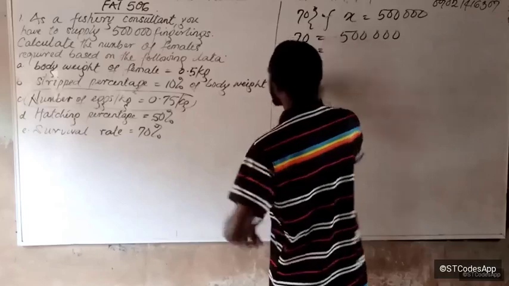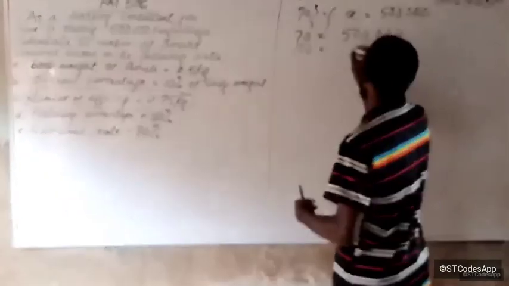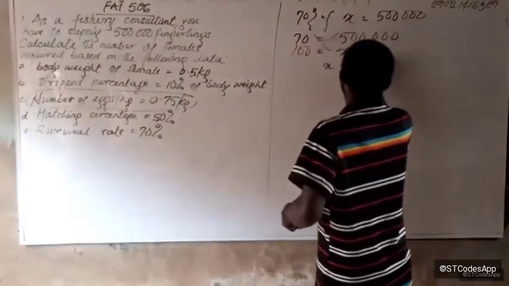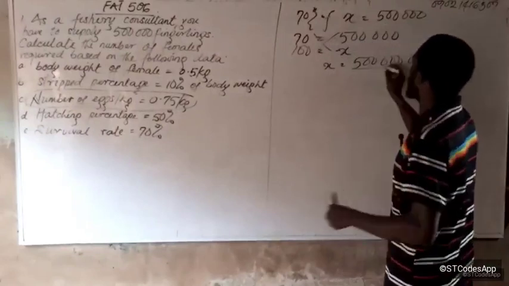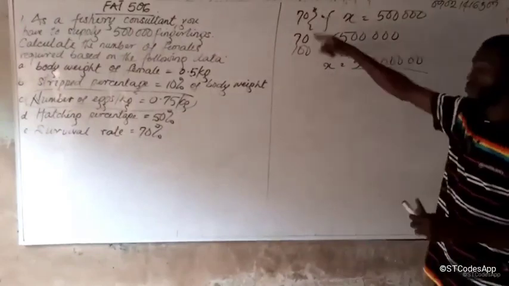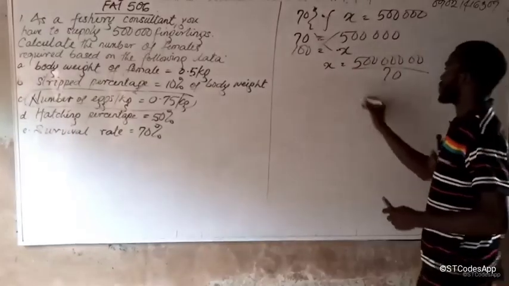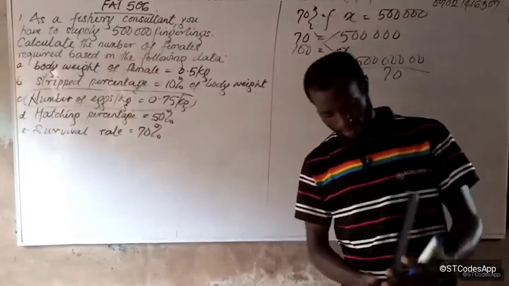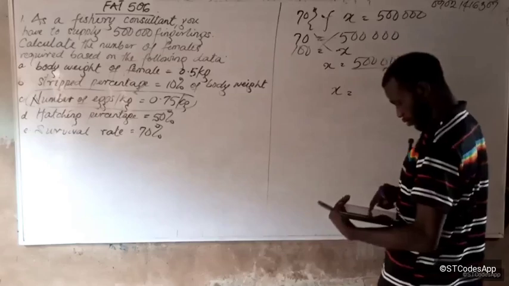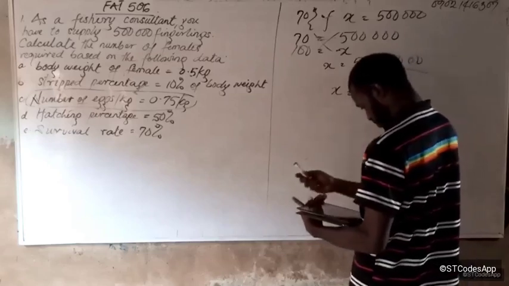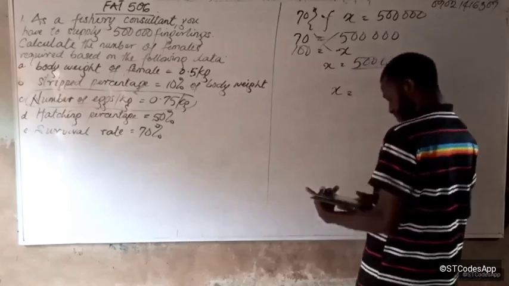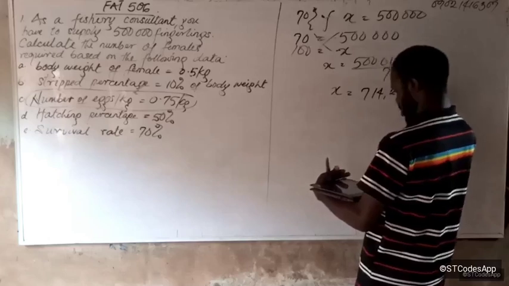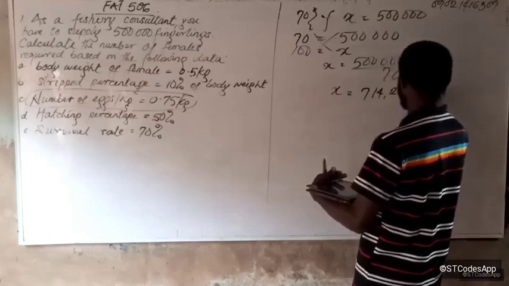So the total amount of eggs that actually hatched is now what? So you cross multiply, and you have x equal to 500,000 over 70. What I did is just to cross multiply, and then you do the math, and you get there. So x should give us 714,286.